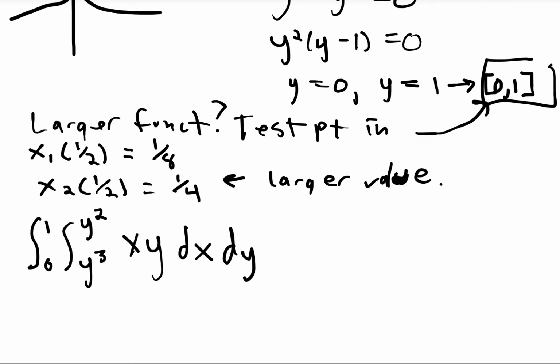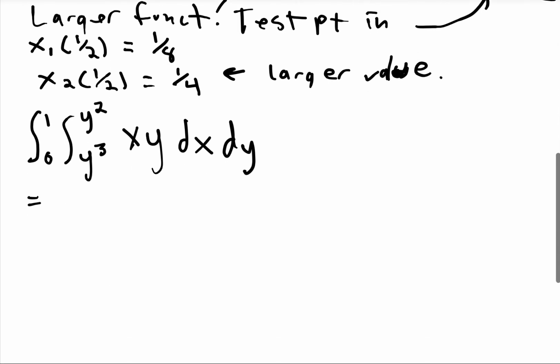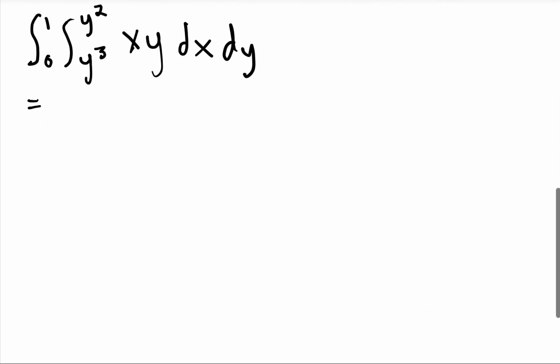We're doing a type 2 integral this time, so the order of integration is backwards. The y is on the outside. Now when I go to evaluate this, again, we start from the inside and we work our way out. We'll scroll down and get a little room here, meaning that the outer stuff, we can worry about it later.